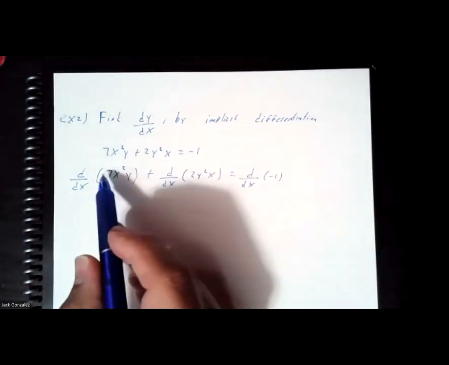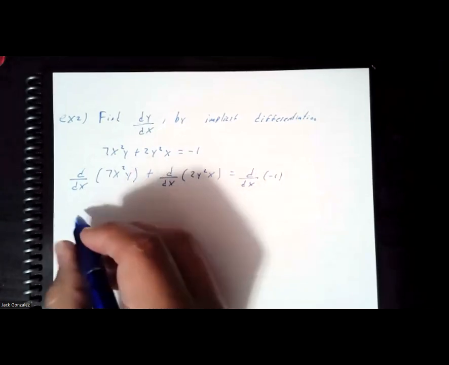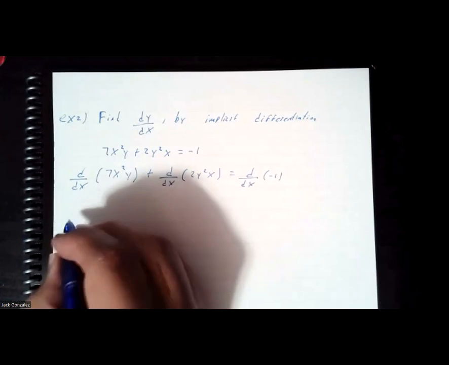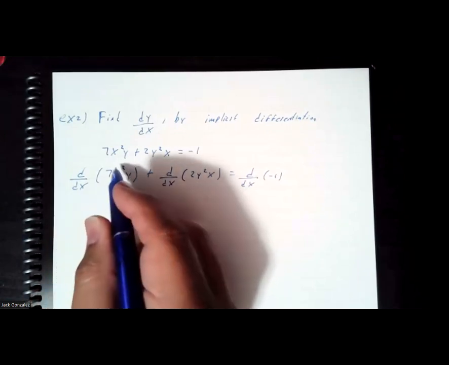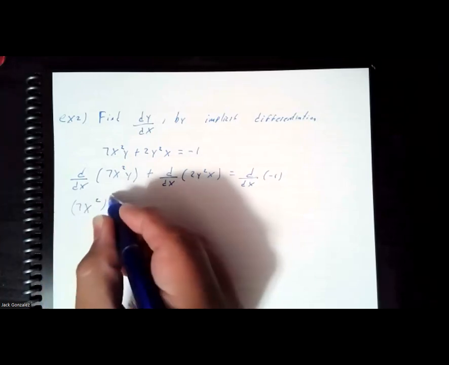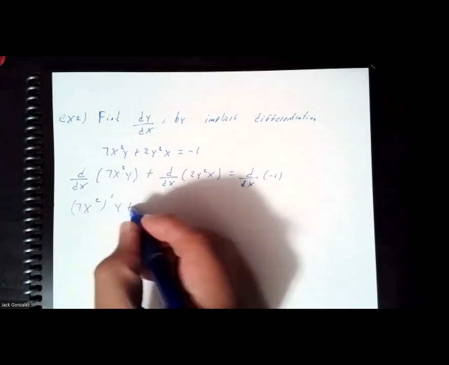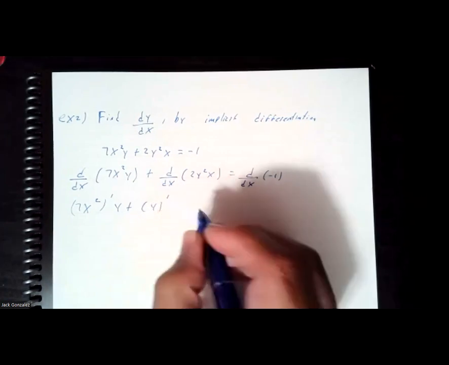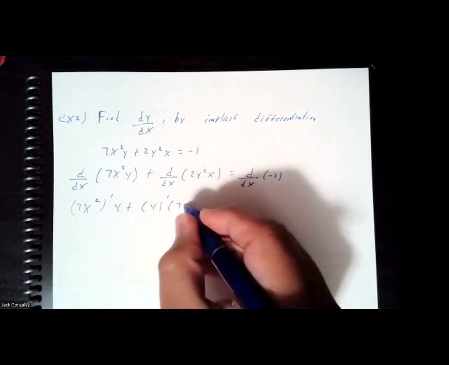So the derivative of this, you got to do it this way. I'm going to make it easier. You take the derivative of the first term, times the second plus the derivative of the second term times the first term.